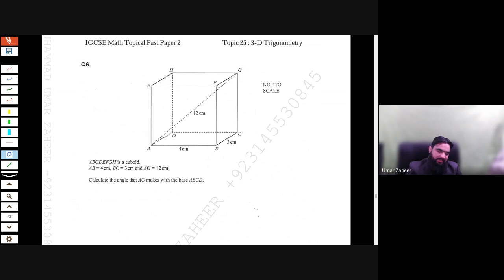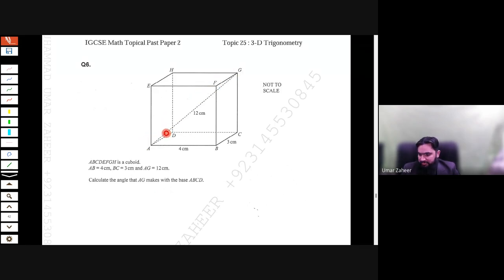Most of the time, he is going to ask about the angle between any face. It can be the left face, the right face, the bottom face, or the top face. Sometimes he is going to ask about the base. He says that you have to calculate the angle A between AG and the base.